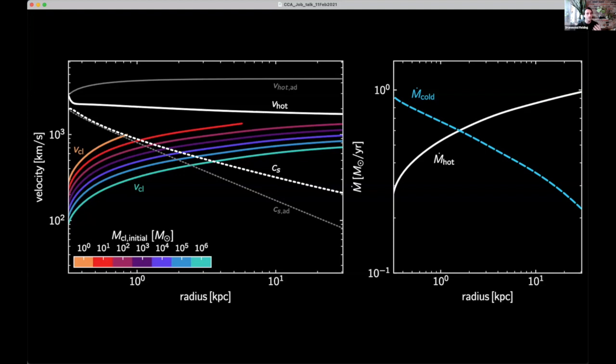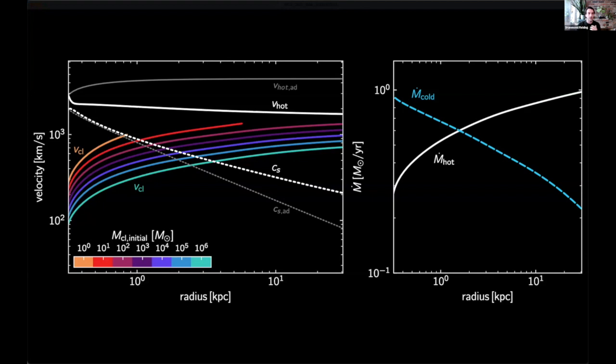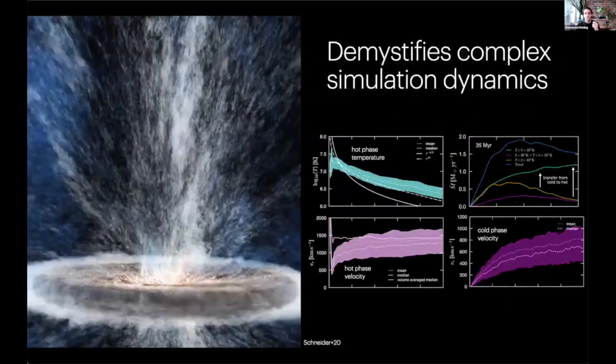And what this model is able to capture is the transfer of material from the cold phase to the hot phase without fully destroying the cold phase. You can see it here is still present, although most of the mass has been shredded away. And this might seem a little obscure, but I want to show some of the utility of this, which is threefold.